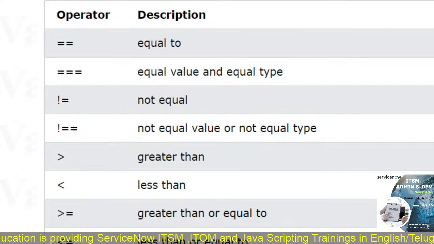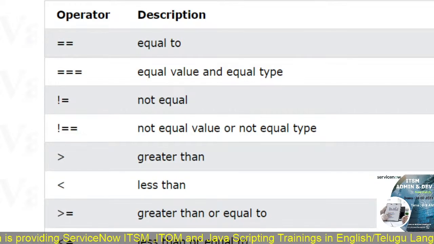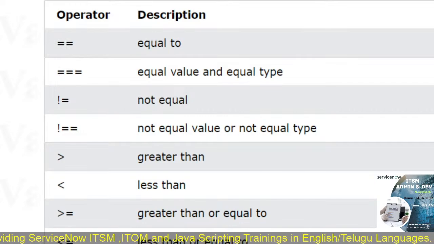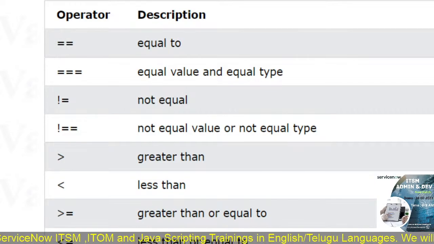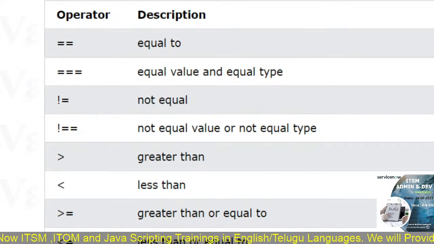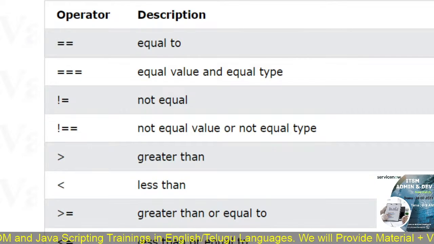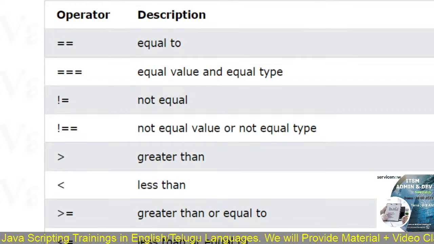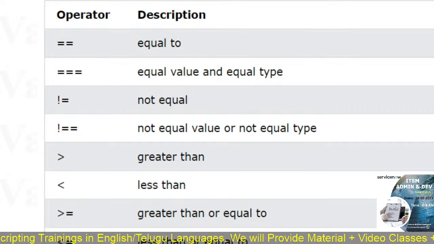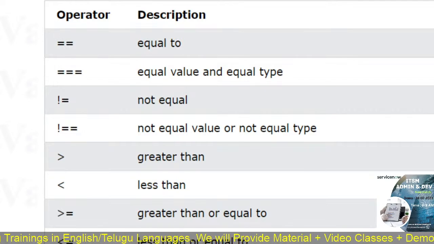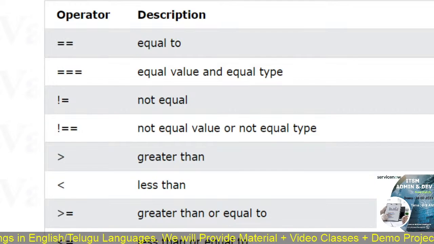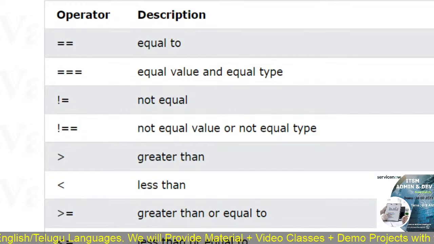Are both getting a true value or not? Then only some values we need to execute. That's the reason the double equals is equal to. While writing code, if you use a single equal in the comparison area, you will get an error 100%. So if you use a double equals, then only it is a comparison, right?